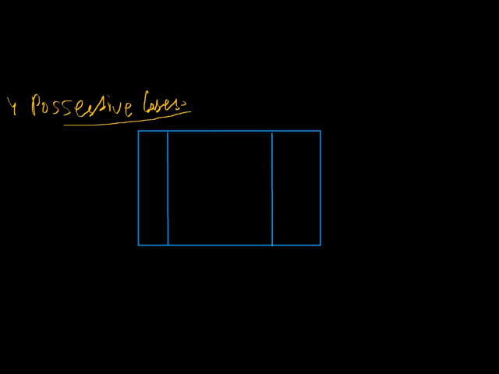So let's say that this is subjective. This is possessive. So what is possessive? It's another form of subjective.